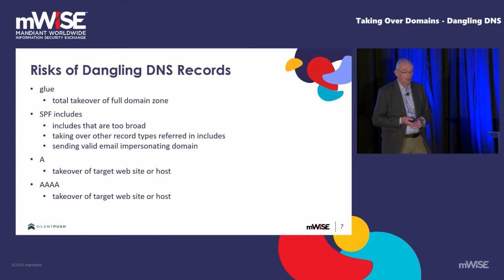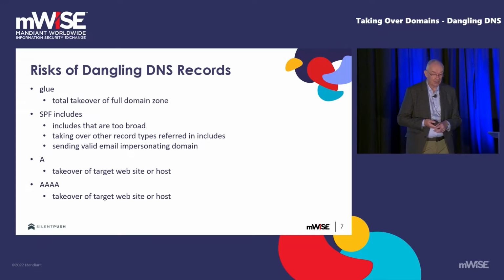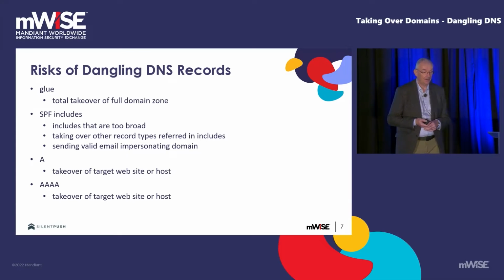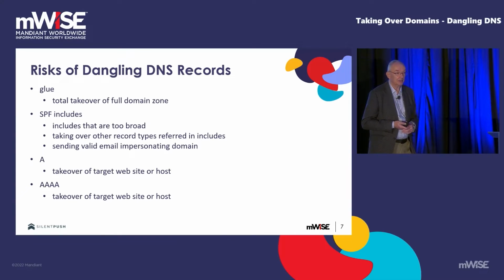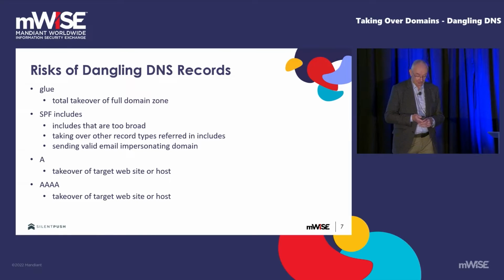Similar thing, glue is probably a bit of a bigger problem because we can take over the full domain zones there. So this is a variation of the name server dangler that we had before. And we mentioned some of the SPF and A record problems as well.